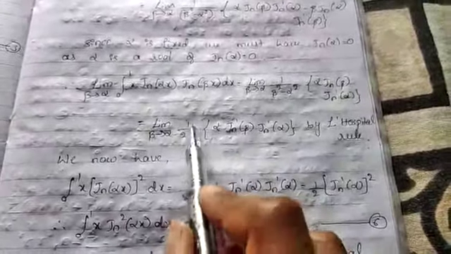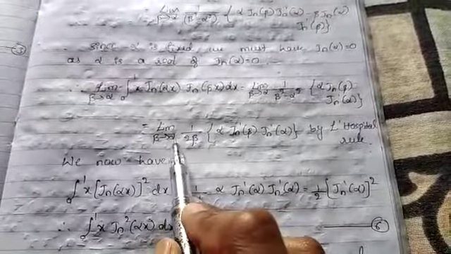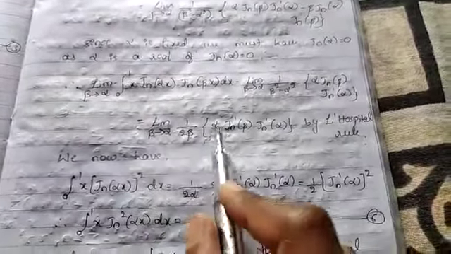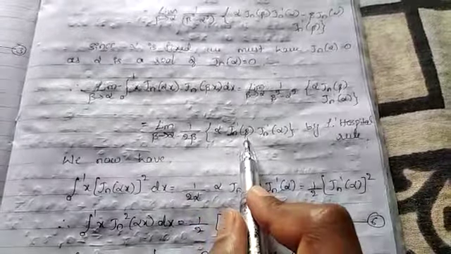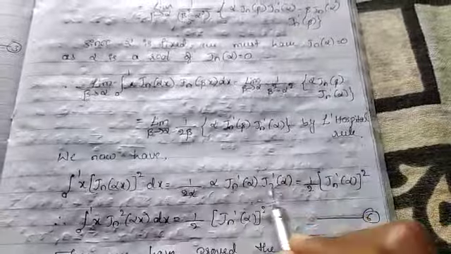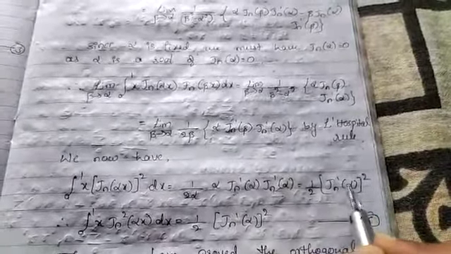equals 1 divided by, in place of beta we write alpha, therefore 2 alpha Jn dash of alpha times Jn dash of alpha square.